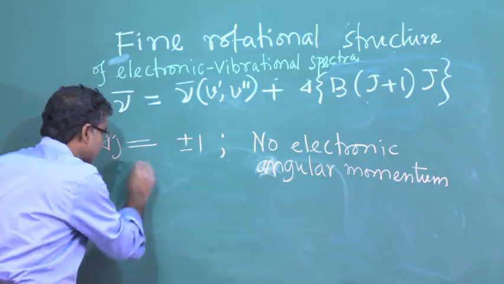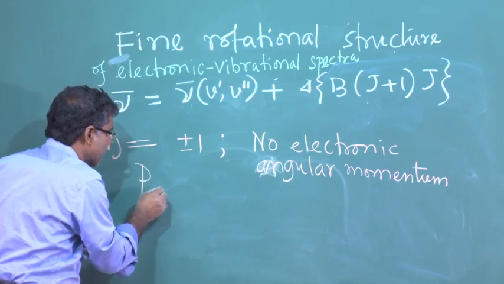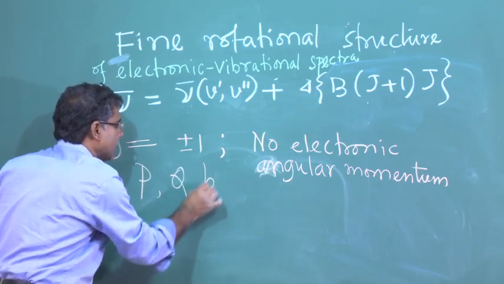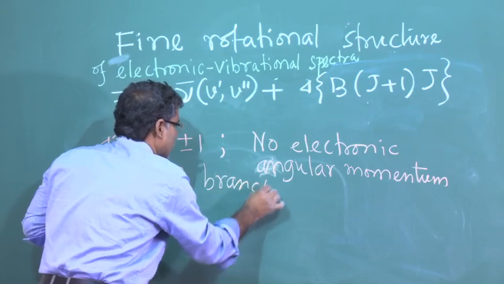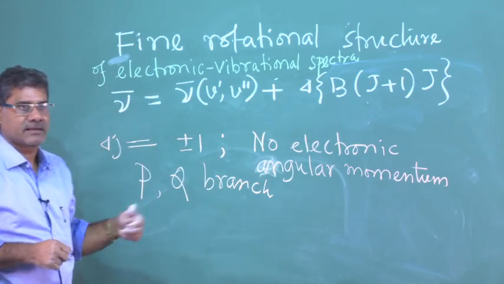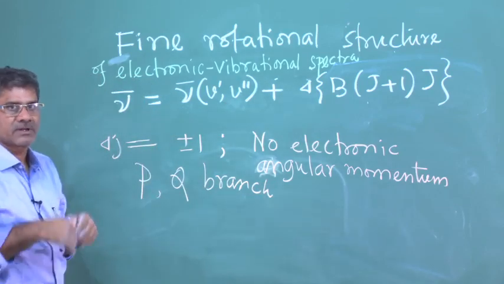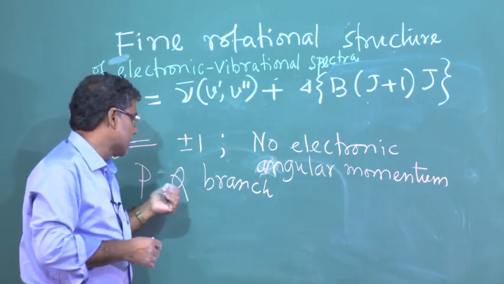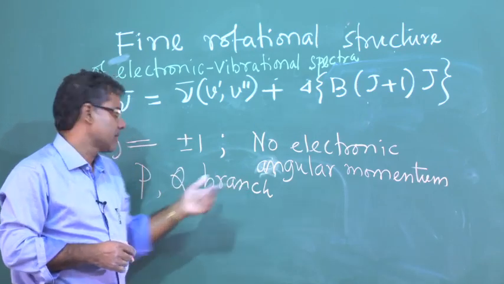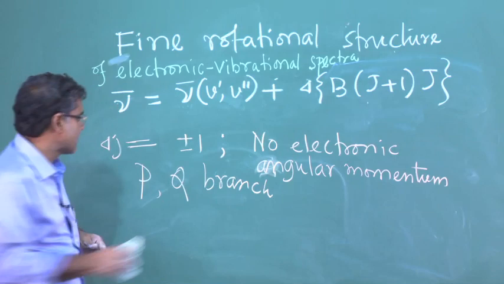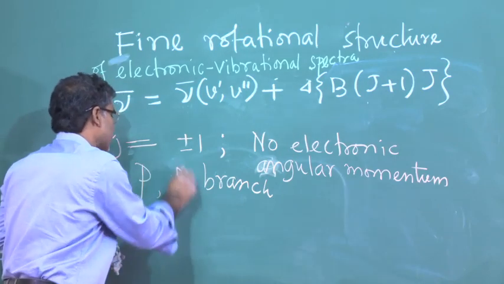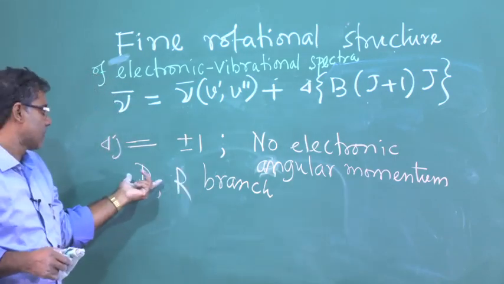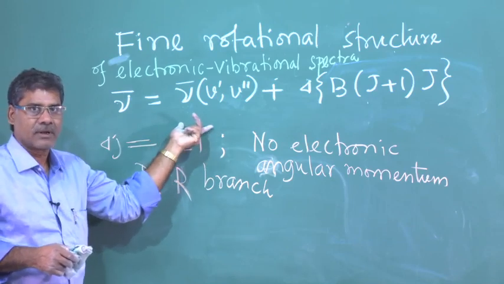So, basically you will get P branch and Q branch only. That is the same as we have seen in the case of rotational spectra. P and Q branch only you will see, one for plus 1 and another for minus 1.